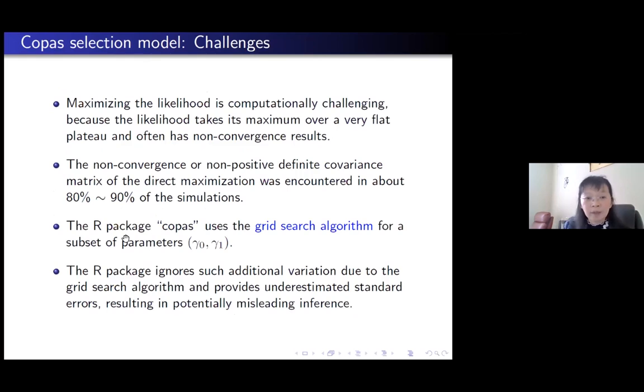Accordingly, the existing R packages use a grid search algorithm for a subset of parameters. However, the package ignores the additional variation due to the grid search algorithm and provides underestimated standard errors, which could result in potentially misleading inference.